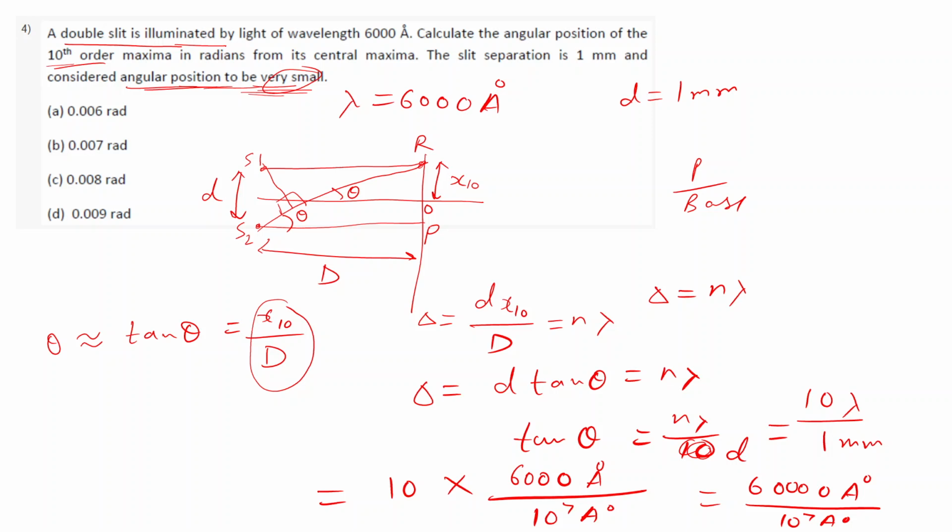After solving this, we will get 0.006. No wait, this is in degree. So this is 6 times 10 to the power 4, and in the denominator we have 10 to the power 7.